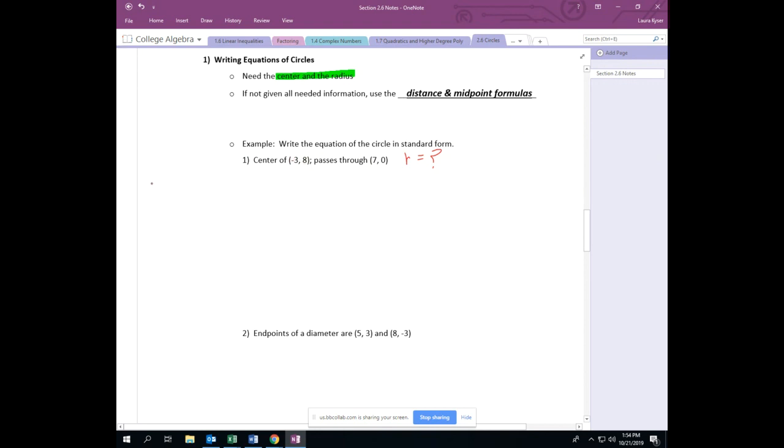So if we use the distance formula, we will find the radius. So we go into the distance formula. x2 minus x1, 7 minus negative 3 squared. Then y2 minus y1, 0 minus 8 squared.